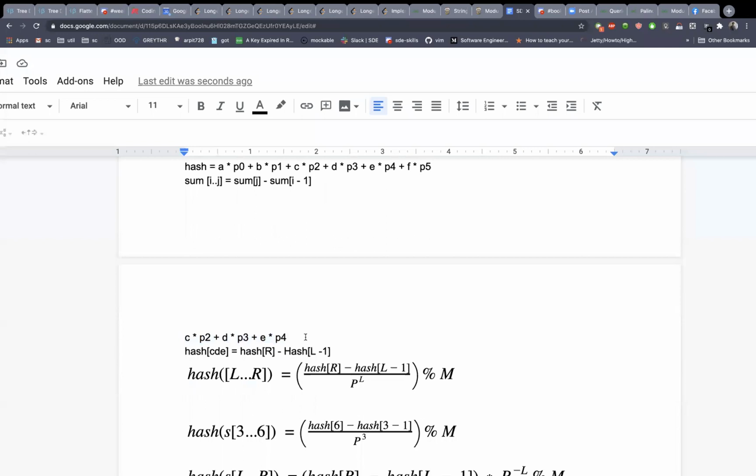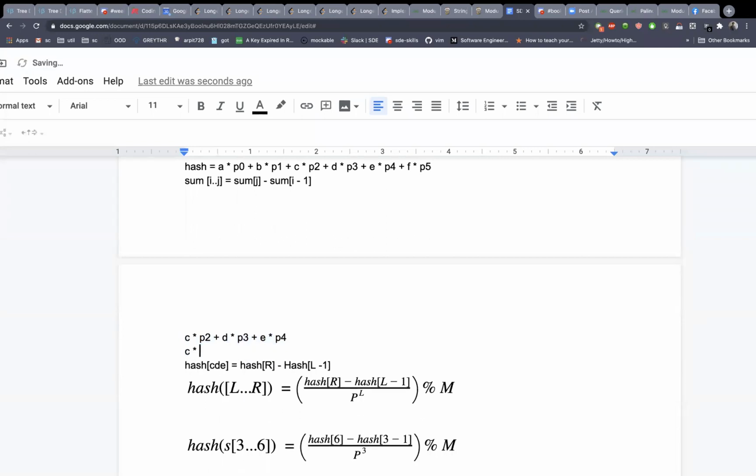But what is the hash of it? C into p raised to 0 plus D into p raised to 1 plus E into p raised to 2. That's what the actual hash is, right?